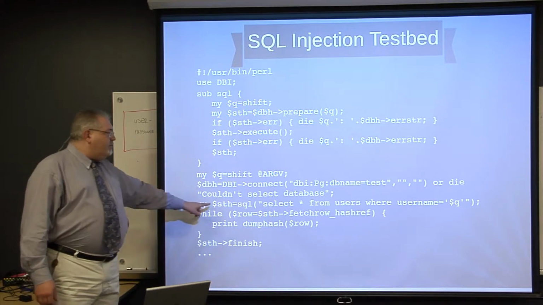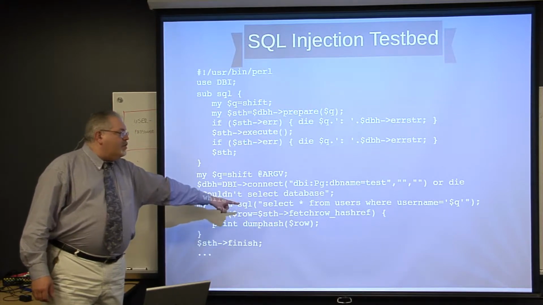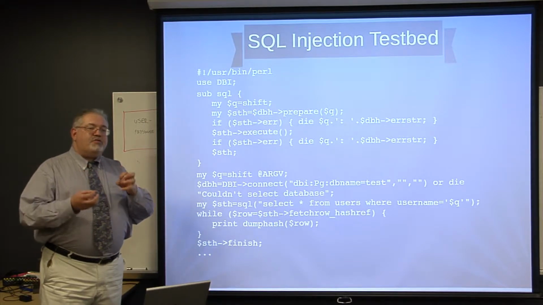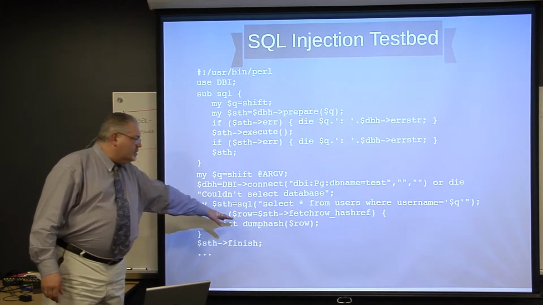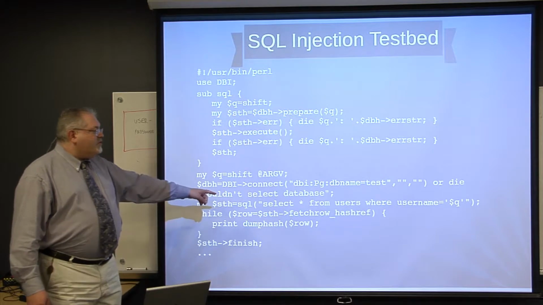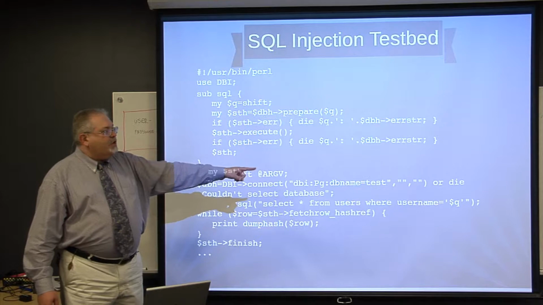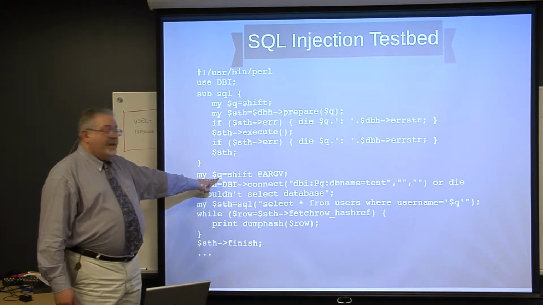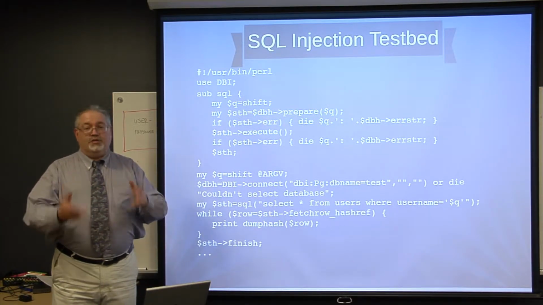After you call SQL, the statement handle will grab each row, and you can call the function fetchrow_hashref, which basically grabs a hash reference to all the fields in there. And then I wrote a little subroutine called dump hash that will show you what's in there. So when you do this sort of select statement, select star from users where username equals $Q in quotes, Q there is coming from the command line. So that could be like asking, I want information about a particular user.